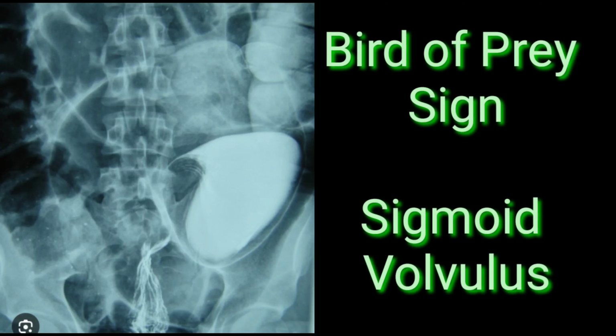Gastrografin is used just in case there is some perforation, so therefore we need to use gastrografin. If you use any other contrast material, it is contraindicated. So if there is any suspicion of perforation, you have to use gastrografin. So this is called the bird of prey sign, and it is because of the sigmoid volvulus.